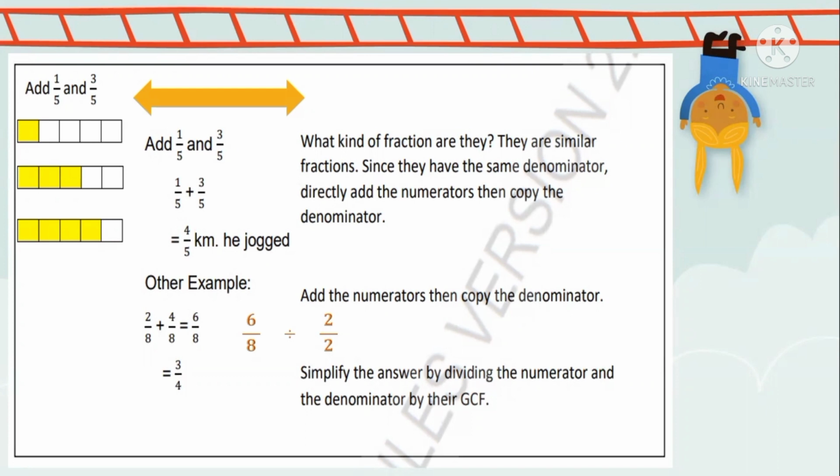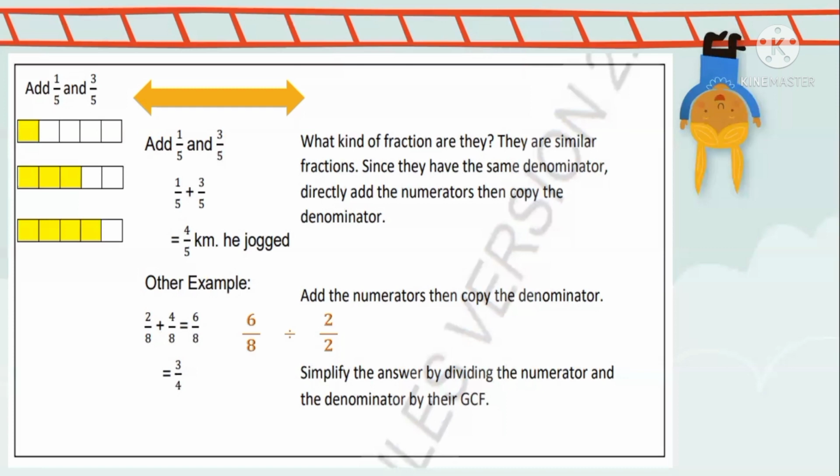Take note, if they have the same denominator, you can add directly. Just simply add the numerators. So the numerators are 1 and 3. So 1 plus 3 is 4, and then copy the common denominator, which is 5. So your answer is 4/5 kilometer he jogged. Did you get it?